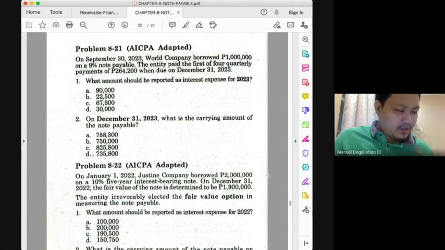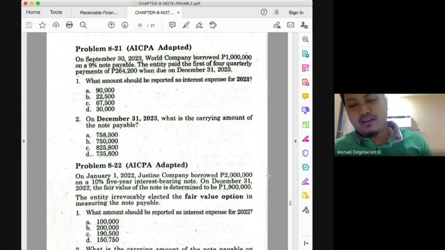We start with October, November, and December. So that's 3 months, times 3 over 12.